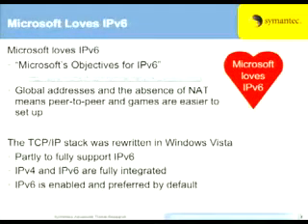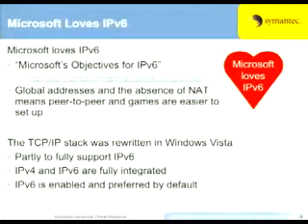I'd like to say that Microsoft loves IPv6. They've had this document titled Objectives for IPv6 up on the Microsoft website for a few years, and that lays out why they love IPv6 so much. And the main thing is that the global addresses and the absence of NAT means that peer-to-peer and games are easier to set up.